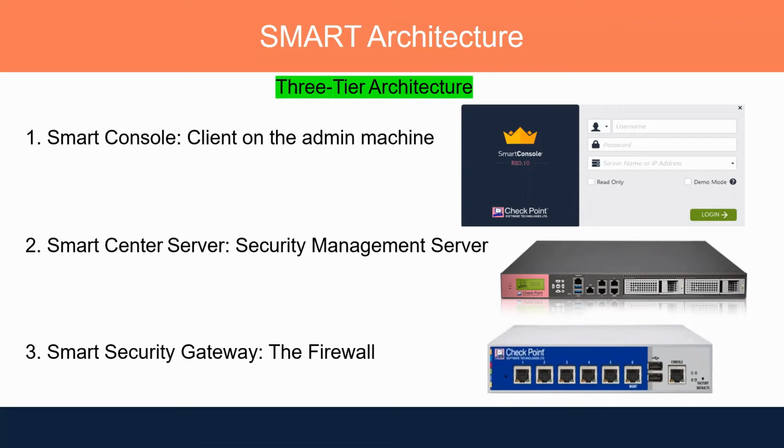The firewall is actually your data plane which filters the traffic, but to allow or deny or apply any policy on a security gateway, you should push the policy through the smart center server.